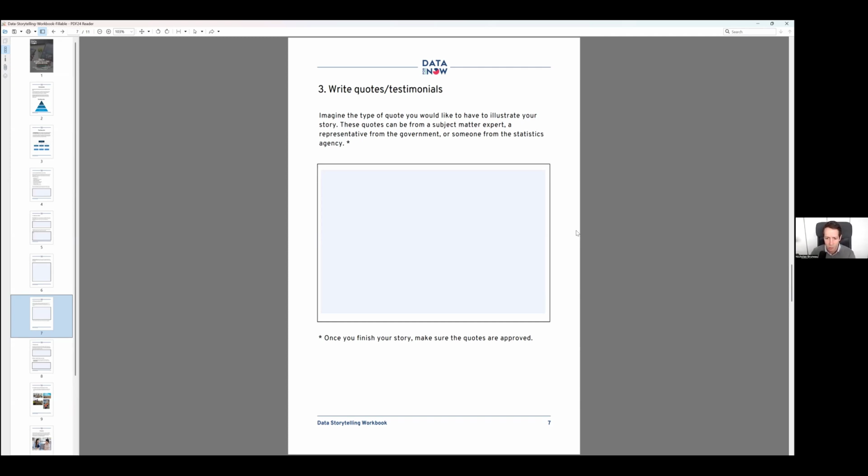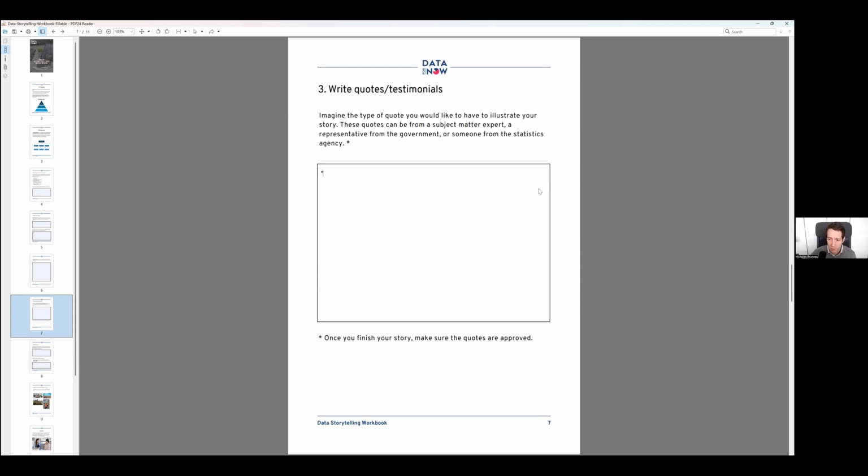Now, of course, once you finish the story, these quotes have to be approved. You can start writing them, however, and put together something that you will then send to someone, either a representative from the government or someone from your own statistics agency, who can then approve, disapprove or change your suggested quote.